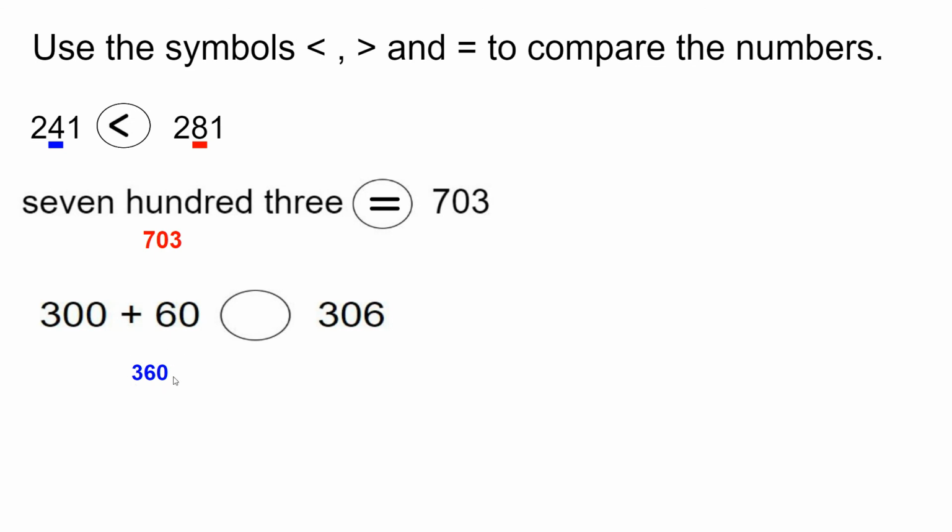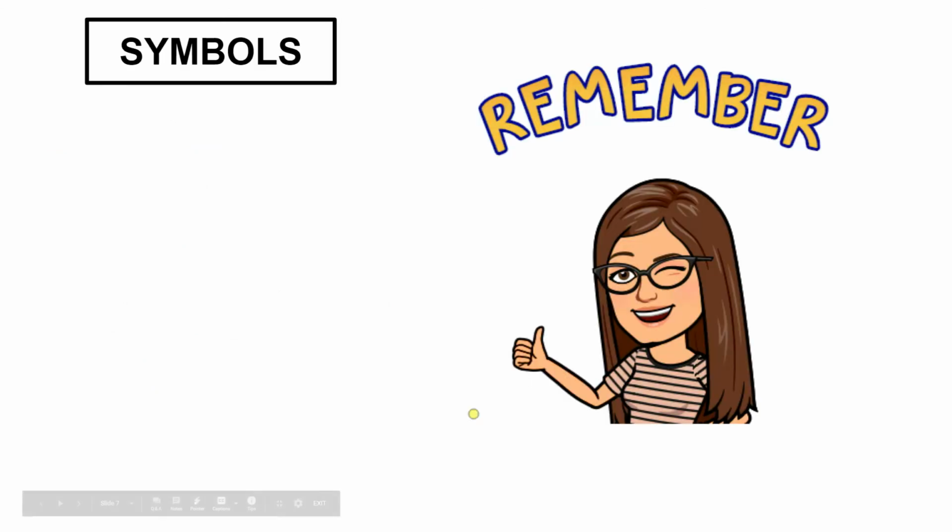So, we are ready to compare now. 360 is blank 306. Less than, greater than, or equal to? Good job! 360 is greater than 306. 360 has the greatest value compared to 306. Whew! We're done, boys and girls!